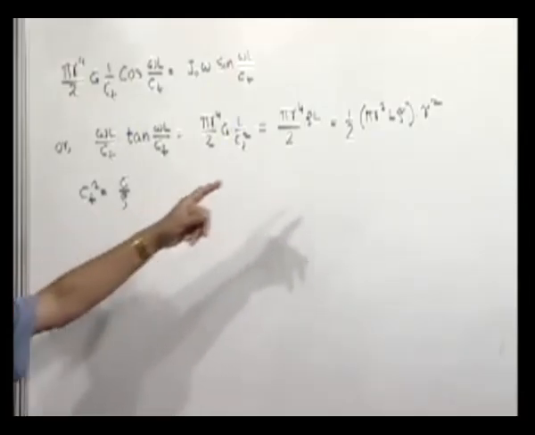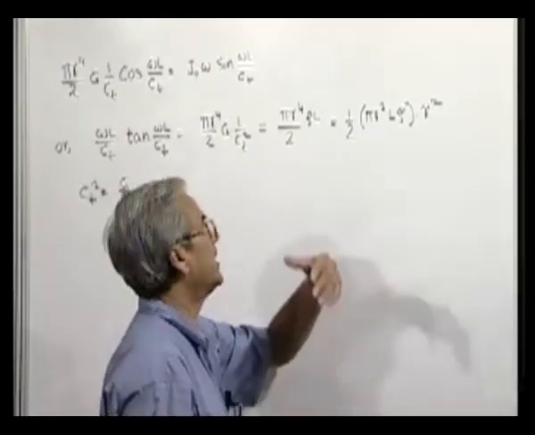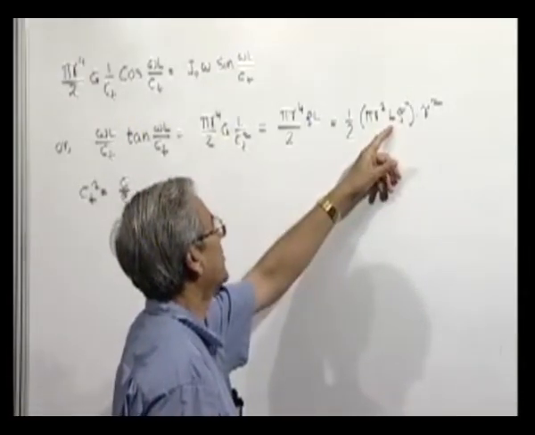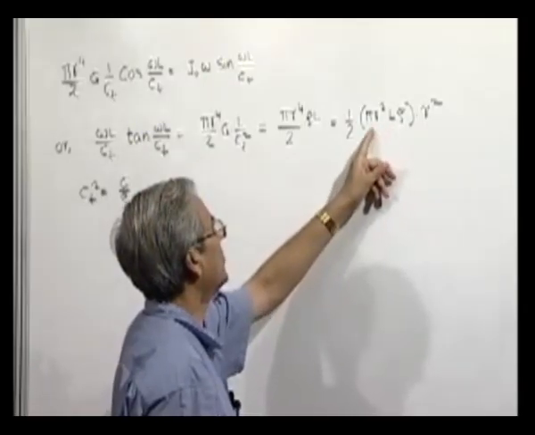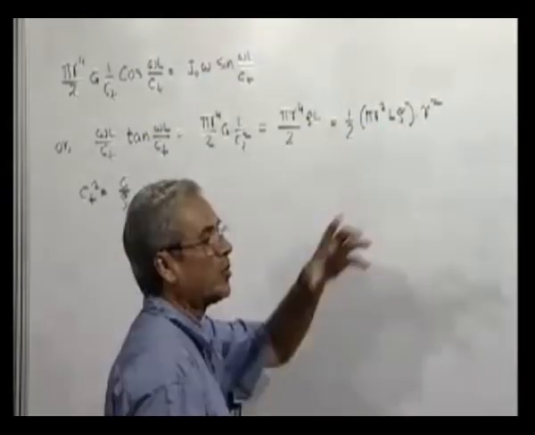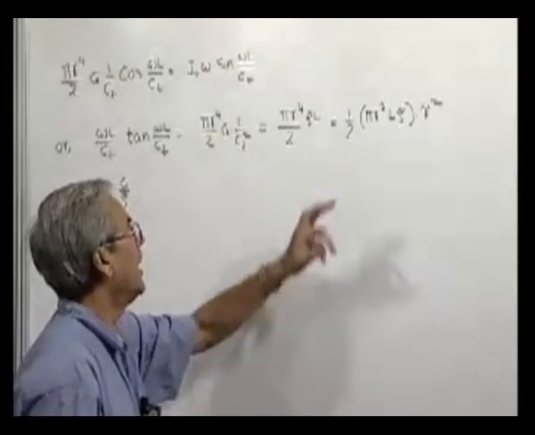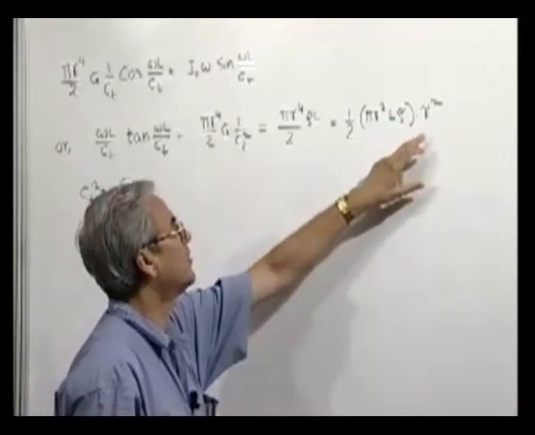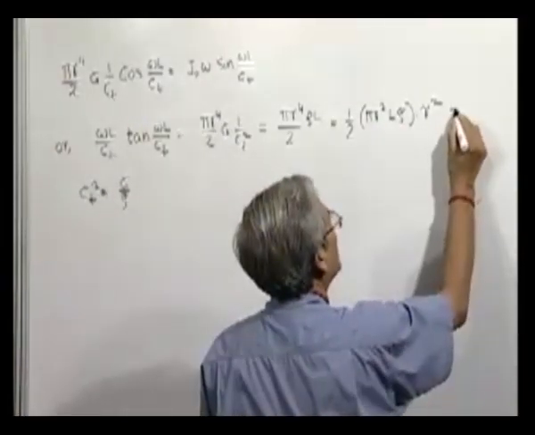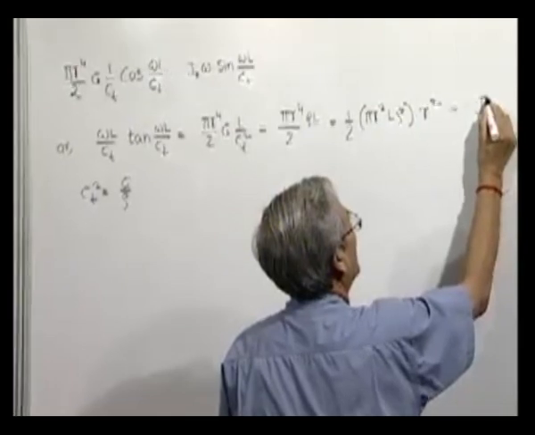Now this pi r square is the cross sectional area, L is the total length of the shaft. So this is nothing but the total volume of the shaft into rho. This is the total mass of the circular shaft, and half into mass of the shaft into r square is nothing but the second moment of area of the shaft.